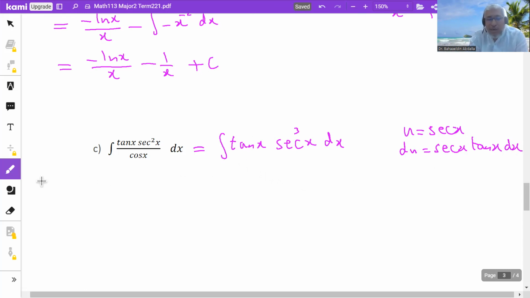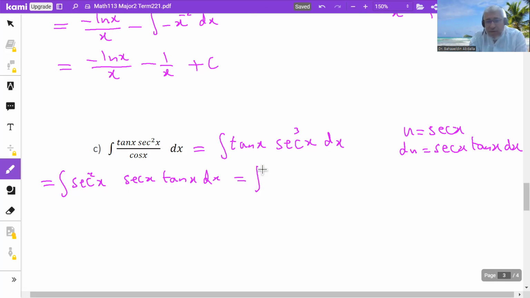So this integral would be the integral of, well, I have tan x, I need it. So I will write it as what? Secant cube, I write it as secant square times secant x tan x dx. So this would be du, and secant square would be u square.